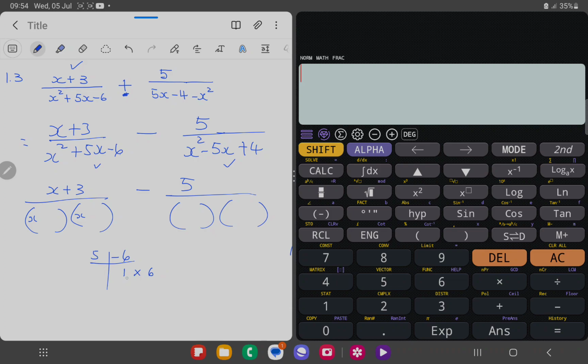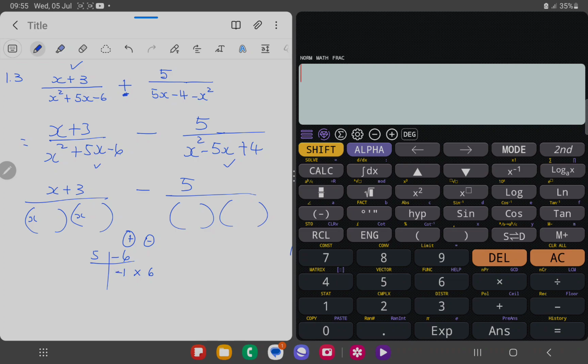For us to get a negative 6, one factor must be positive and the other factor must be negative. Which factor is positive and which is negative? You look at the middle term. The middle term is positive, so the bigger factor is going to be positive and the smaller factor is going to be negative.